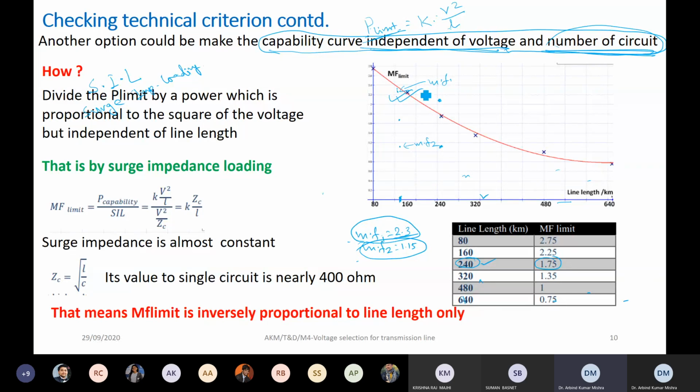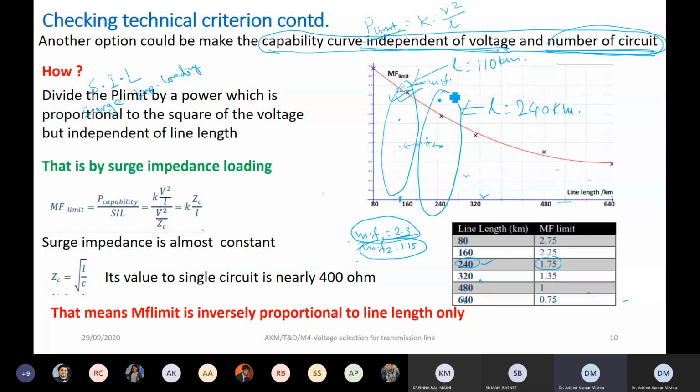So this was the case for line length 110 kilometers, and this is the case for line length 240 kilometers. Now you can see that the single circuit case is violating the limit.